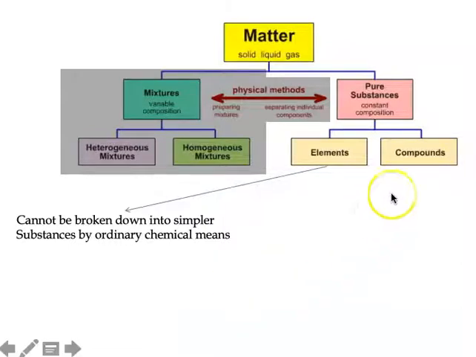Keep in mind that the way that you take a compound and turn it into its constituent elements is through some sort of chemical change. So we had physical change as the dividing line between mixtures and substances. Now we have that chemical change dividing line between compounds and elements. But really the most simple building block of anything is an element.